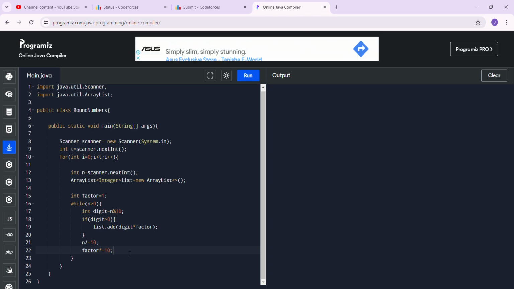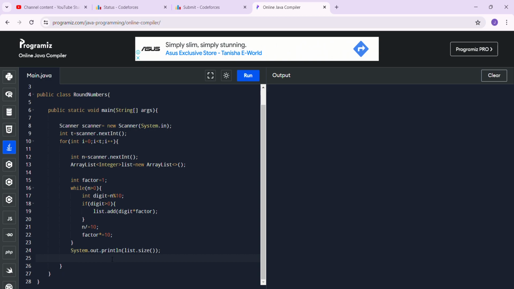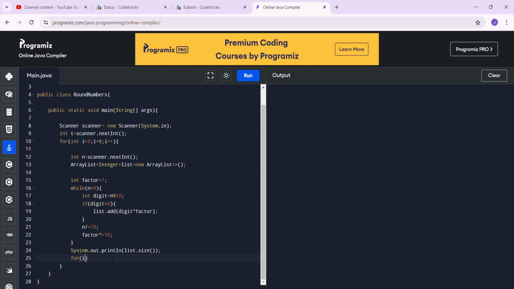For that we will simply print the size of our array list, so System.out.print and then list.size(). Also, for printing the round numbers, because in the question we have been asked to print the count of round numbers as well as the round numbers themselves.